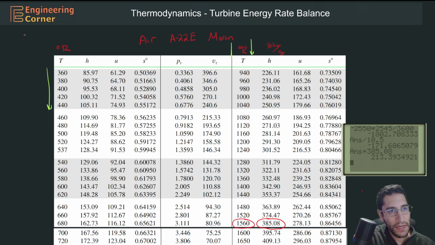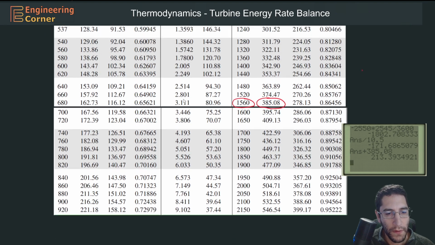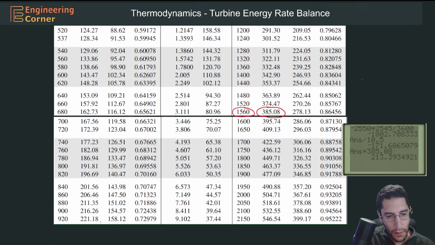Let me write down what H2 is, just so we remember: H2 is equal to 213.4. We're going to be looking through our H column and try to figure out where we get to 213.4. So we're going to have 213.4 somewhere over here.